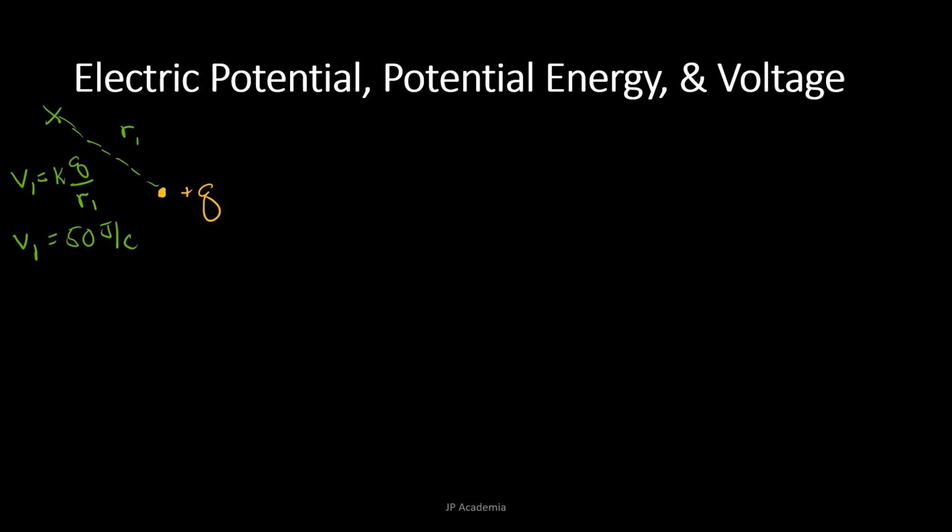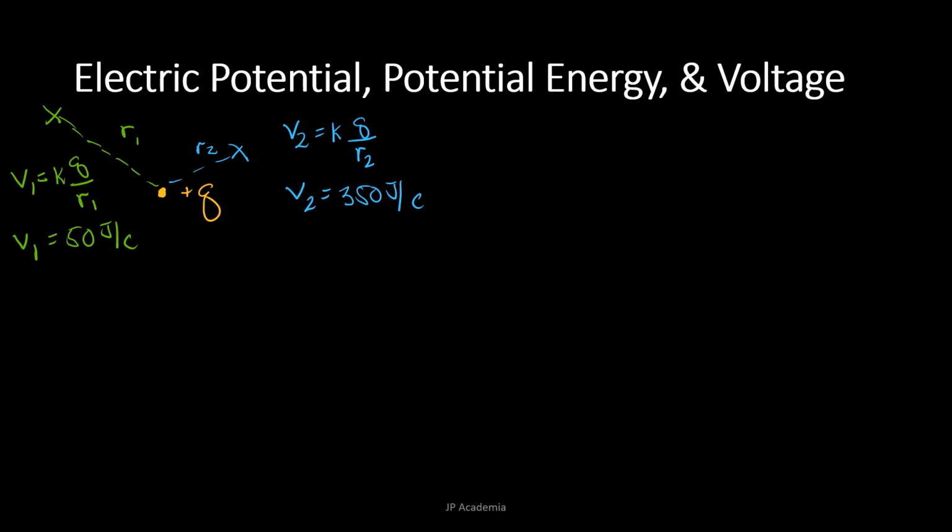Let us say at a distance r sub 1, the electric potential is, let's say, about 50 joules per coulomb. Note that the unit is joules per coulomb. If we have a distance r2, which is nearer the point charge, we can expect a larger value of electric potential, let's say about 350 joules per coulomb.